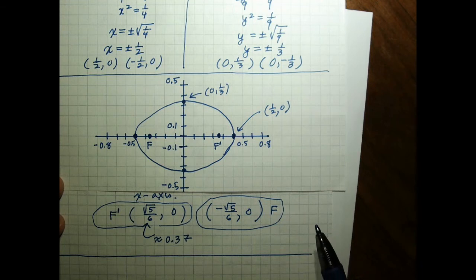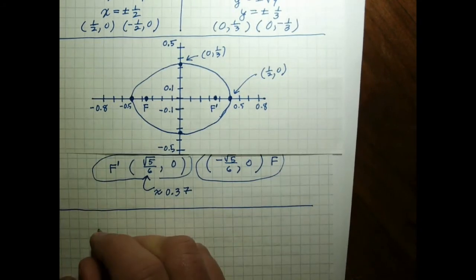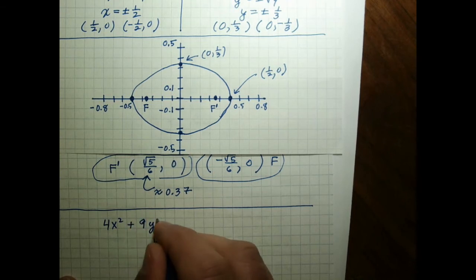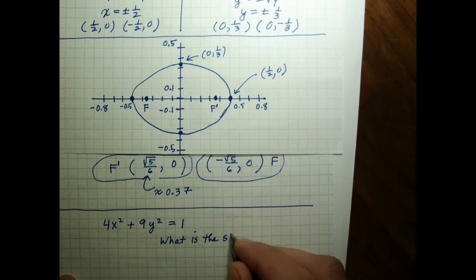But now, what about the standard form of this equation? So let's go back to that 4x squared plus 9y squared equals 1. And let's just ask ourselves the question, what is the standard form?